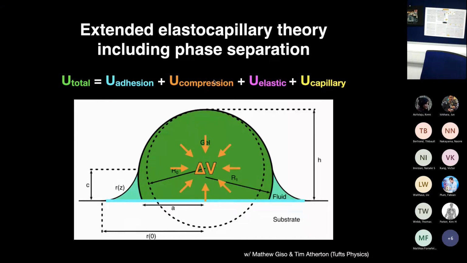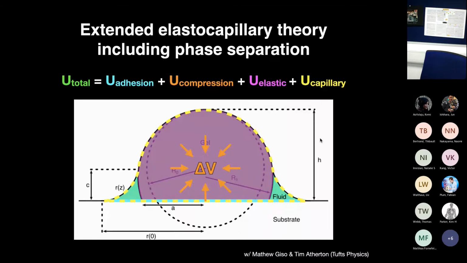There's a new compressive elastic penalty, because you need to squeeze out the fluid, so the solid has to compress to get that fluid out. And then a similar elastic penalty to the deformation from a sphere to the spherical cap shape, plus a capillary energy of creating all of this extra new surface.